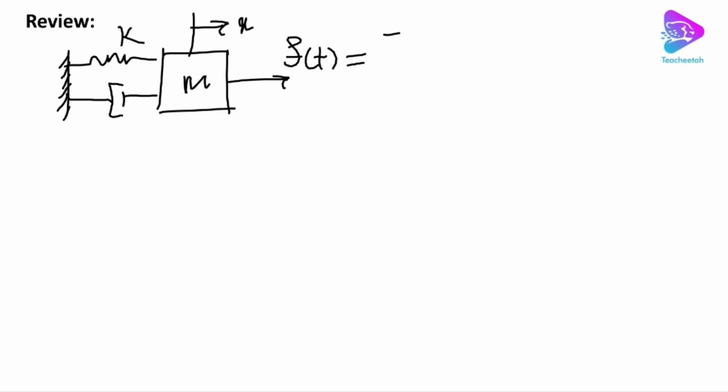So it's F amplitude, and you can use either sine or cos, we have cos omega t. F is the amplitude and omega is the frequency of the external excitation, which is very important for this case.